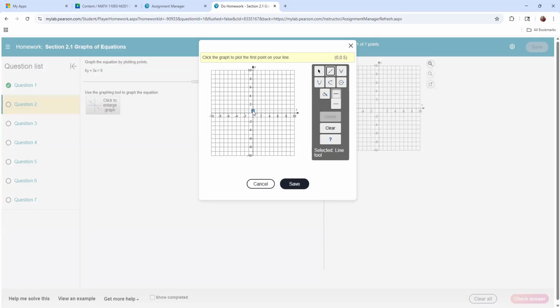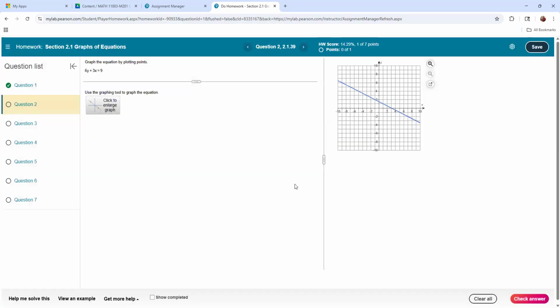There's 0.5, there's 1, there's 1.5, click. Then I had 1, 1. So starting at the center, go right to 1. Now remember, it's moving by halves. So 1 half, 1, and then 1 half, 1. So there is 1, 1, click. And y'all, you just hit save.